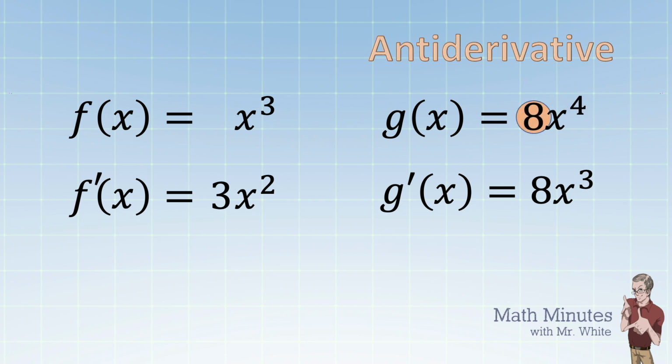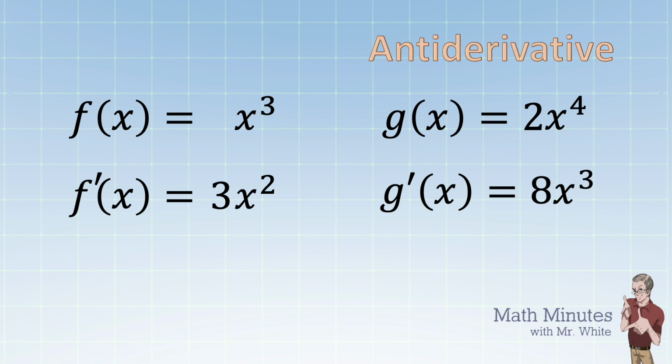Now it's not going to stay 8 because if you remember on the left side, we multiplied by 3. On the right side, when we're doing the antiderivative, we're going to divide by the new exponent. So our coefficient 8 is going to become 8 divided by 4, which of course is 2. You've just taken your first antiderivative. So the antiderivative of 8x to the third is 2x to the fourth.